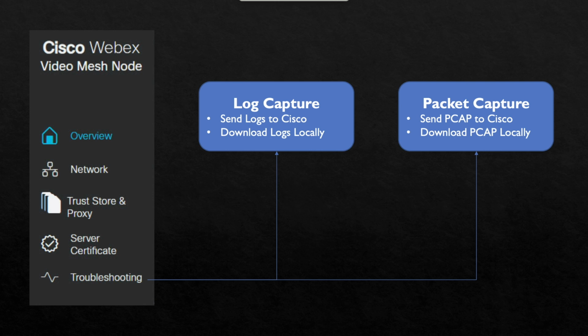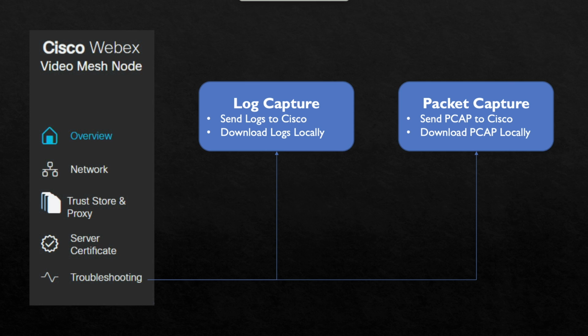There is a troubleshooting menu from the web interface of the Video Mesh, and these 2 tools are available for you to be able to capture logs and do packet captures and that sort of thing. Logs are captured automatically for all events on the Video Mesh node, whether systems are working or not.